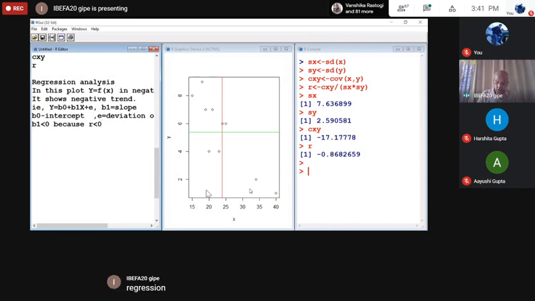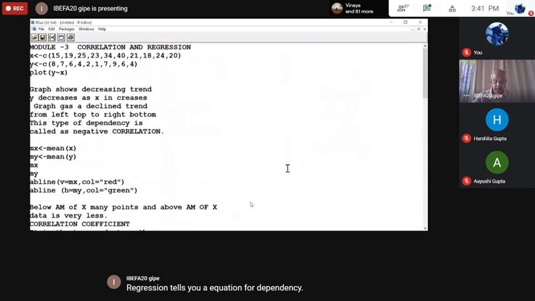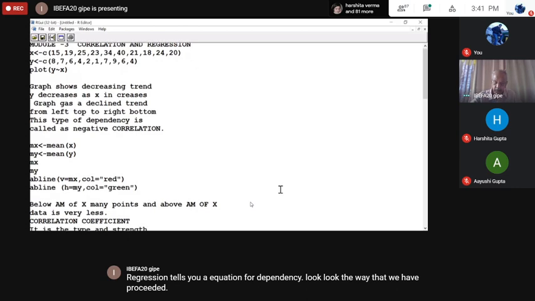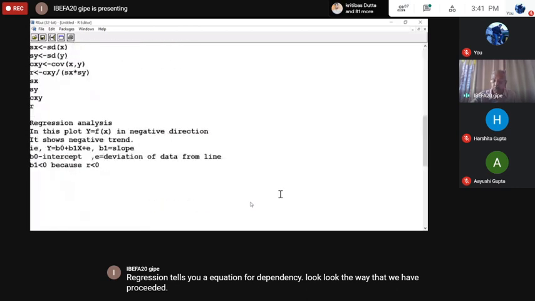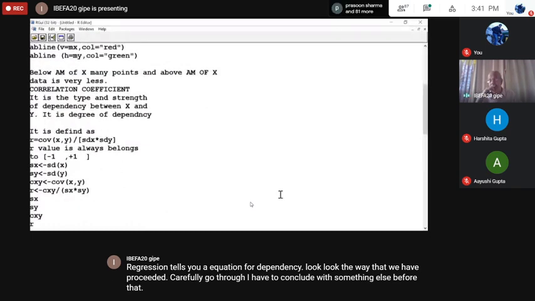Look at the way that we have proceeded. Carefully go through. I have to conclude with something else before that. Everybody should understand. If not, ask and get it clear.